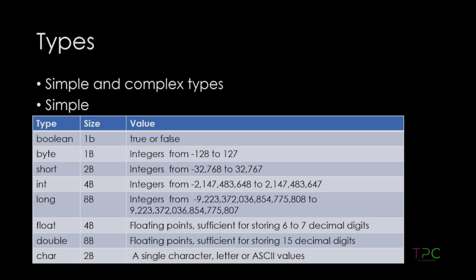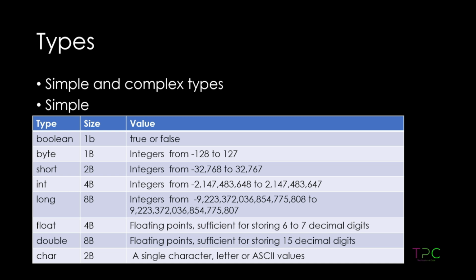Then we've got short, 2 bytes, int, which we've already seen, is 4 bytes, and the biggest one is long, which takes 8 bytes. Like you see, for each type there's a range of valid numbers you can assign. For instance, for byte the range is from -128 to 127.